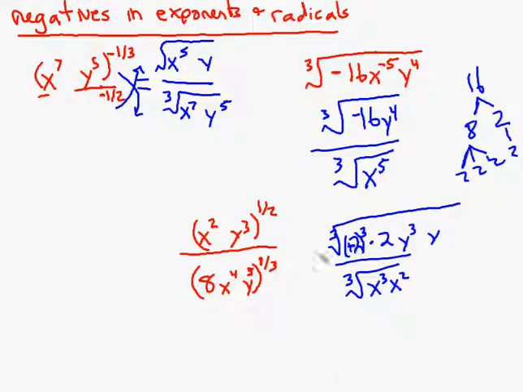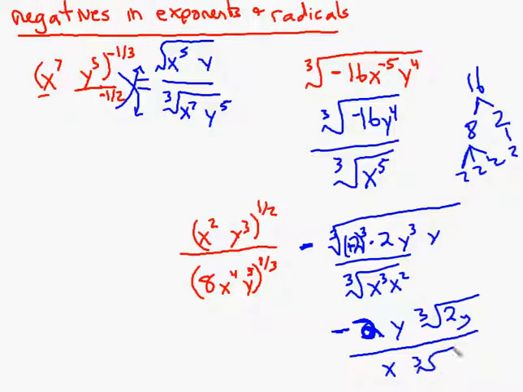Well, let's just bring the negative out right away. Take care of that. Because the cube root, an odd root of a negative, is negative, so I'll just take care of that right away. Alright, so we get -3, 2, -2, y, cube root of 2y, and then in my denominator I have x, cube root, x squared.